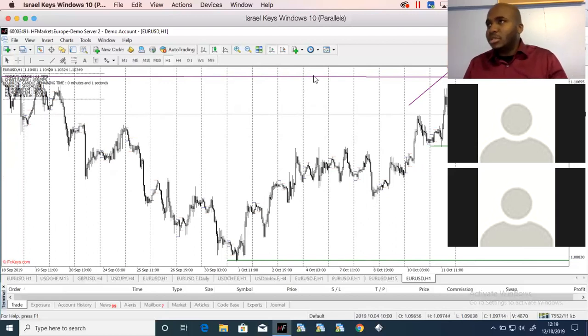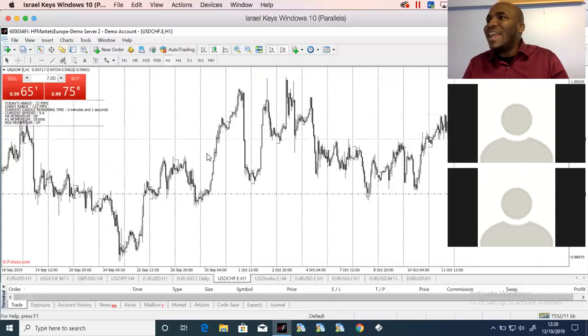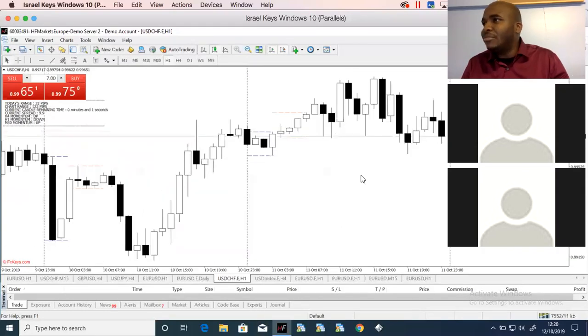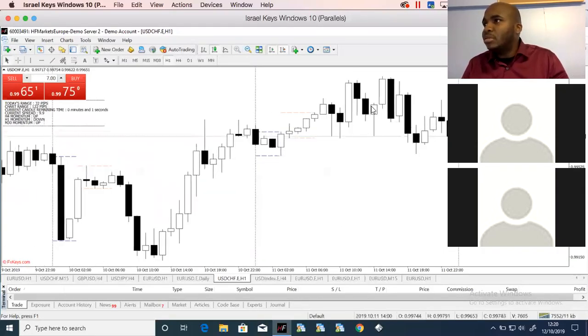Why? Because, and I showed you this at the webinar we did last Sunday, if you look at any candlestick on any time frame, there's an open. If it's bullish, there's an open here. That's the open. And let me use a bigger one. So there's an open down there.